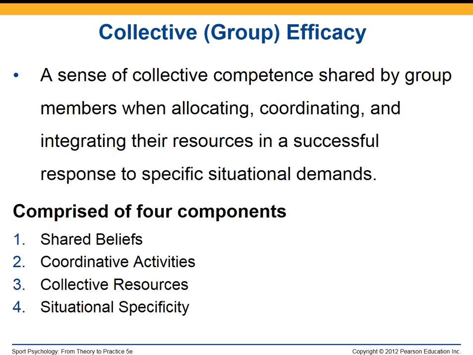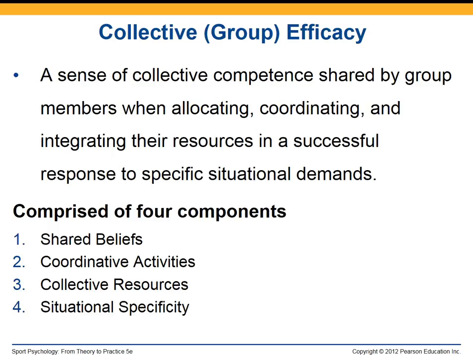So there's your fancy definition for group efficacy. But it's comprised of four components: that the group has shared beliefs, that they coordinate activities, they use collective resources that are present for them, and that they use those things to create situational specificity.